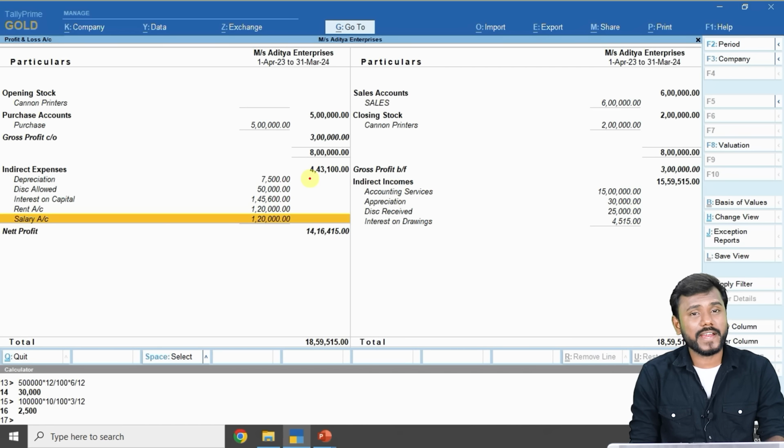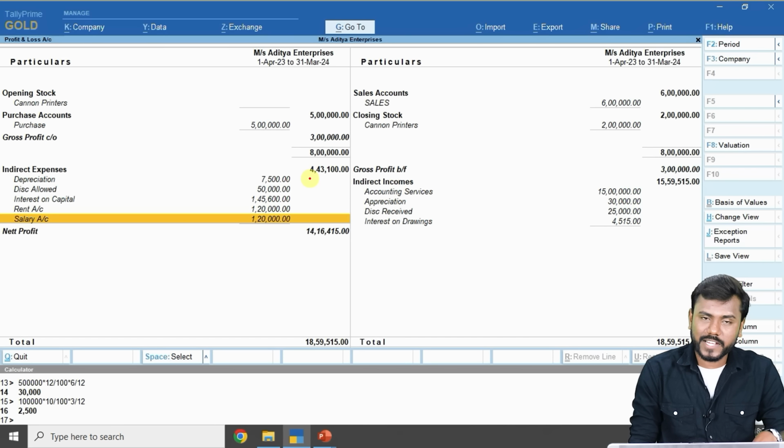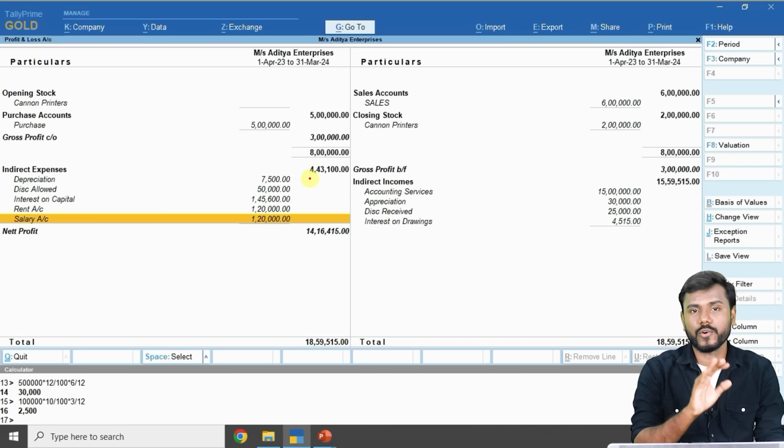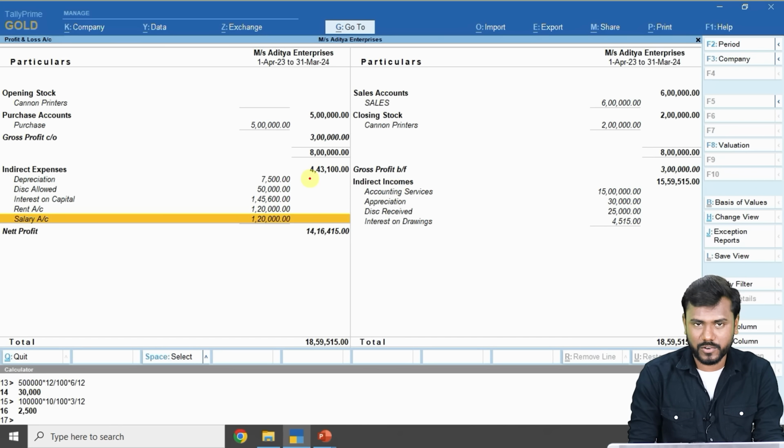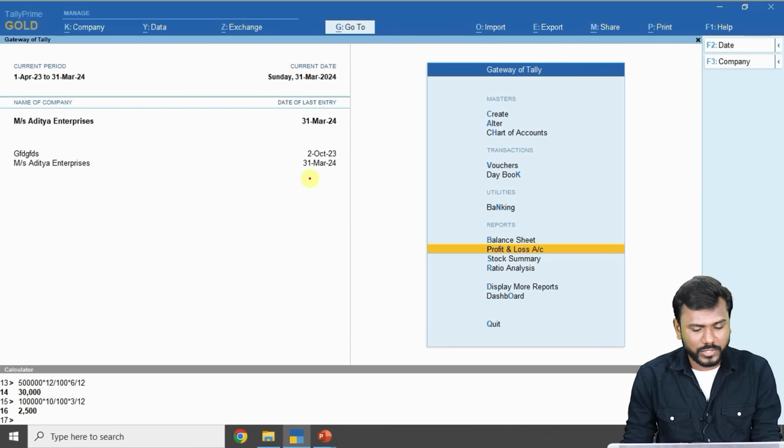If any unpaid expense is available, you book it and create a liability for the future. You need to show actual income and expenses that belong to the current year in this profit and loss account only. You are not allowed to reflect current year income or expenses in a future profit and loss account. Remember. So this is how the adjustments will be recorded. Thank you.